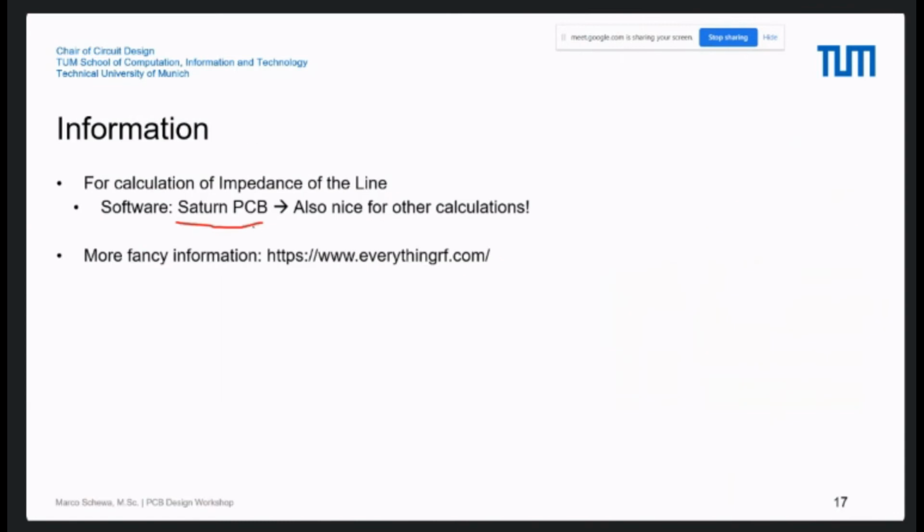So it's a very nice tool, and with this tool you can also calculate other things like thermal aspects, or how much current I can use for my line, and so on. And if you need more information or more theory, you can also go to this site, Everything RF. There's also a lot about digital signals and so on.